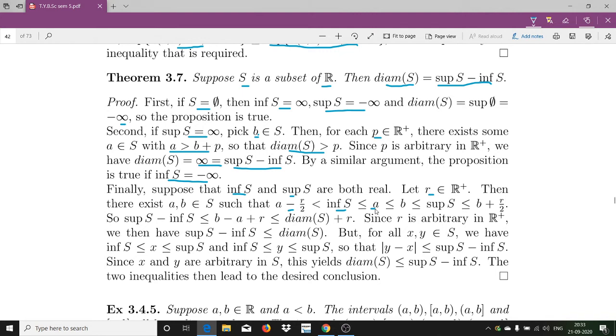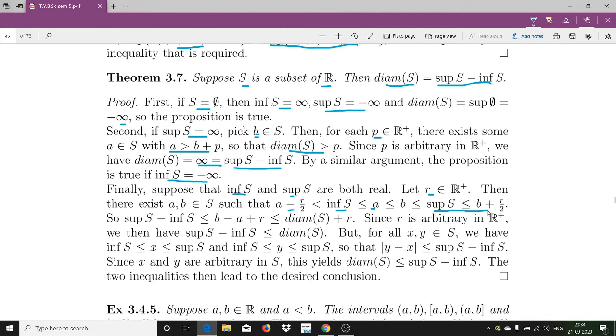Therefore, the supremum of S minus any quantity will be less than or equal to some element of your set S. So you can say there exists an element b such that the supremum of S is less than or equal to b plus r by 2. Since the supremum of S minus r by 2 will be less than or equal to b, you can shift r by 2 and say the supremum of S is less than or equal to b plus r by 2.